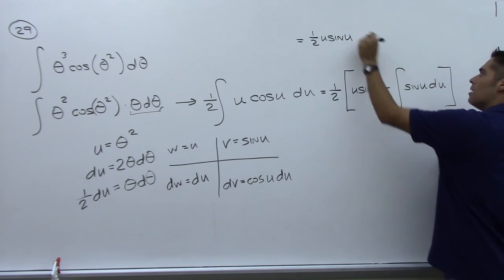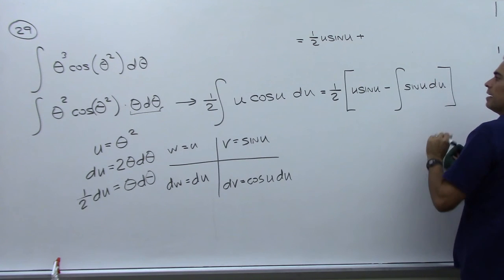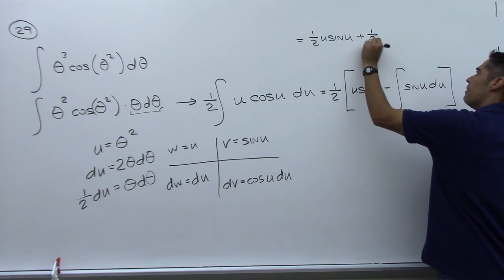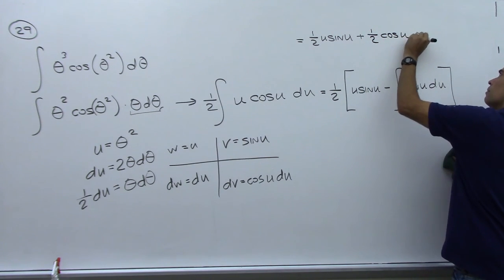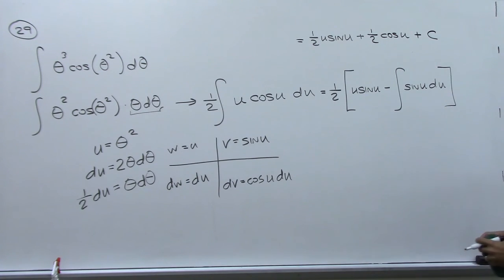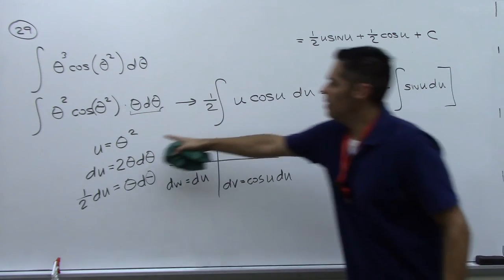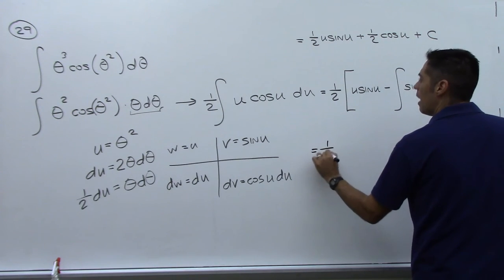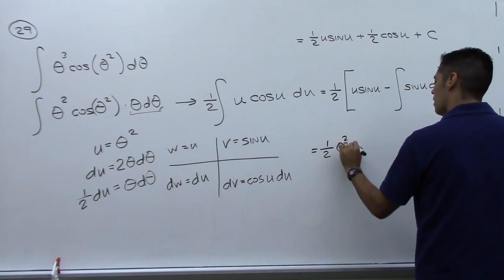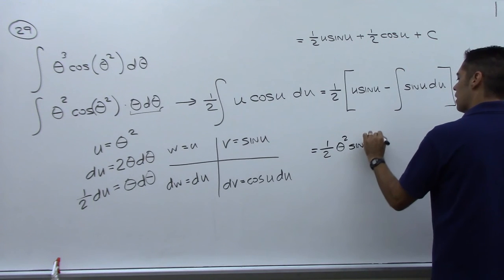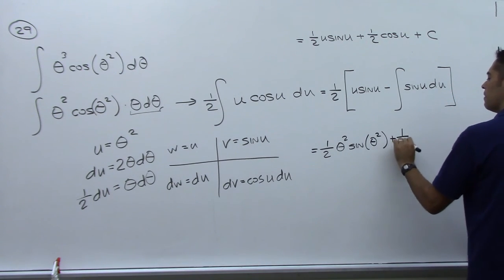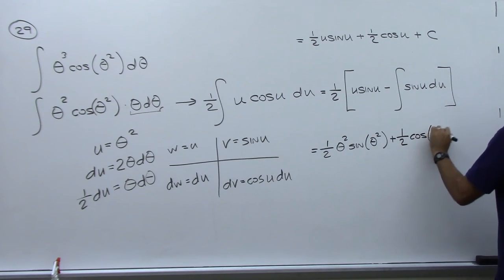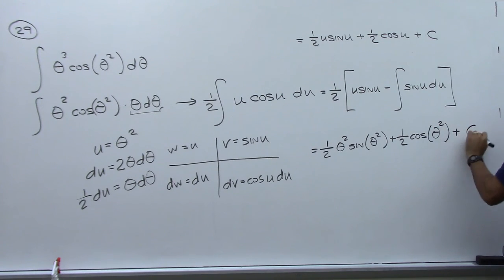Again, that becomes a plus because the antiderivative of this is negative cosine. I have a 1/2 cosine u plus c. Replace all of your u's with theta squared, and we're done. So we should get a final answer of 1/2 theta squared sine theta squared plus 1/2 cosine theta squared plus c.